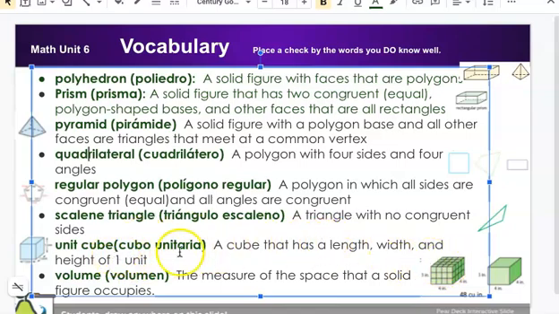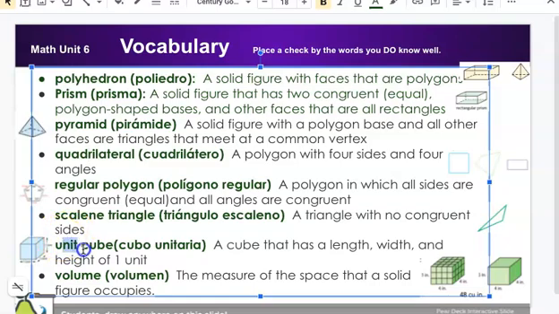A unit cube, that's a cube that has a length, width, and height of 1 unit. So that 1 unit can just be the symbolic 1 unit, kind of like in algebra, or it can actually be 1 meter, where the height, the width, the length, they're all 1 meter or 1 centimeter or 1 inch or 1 foot or 1 yard.